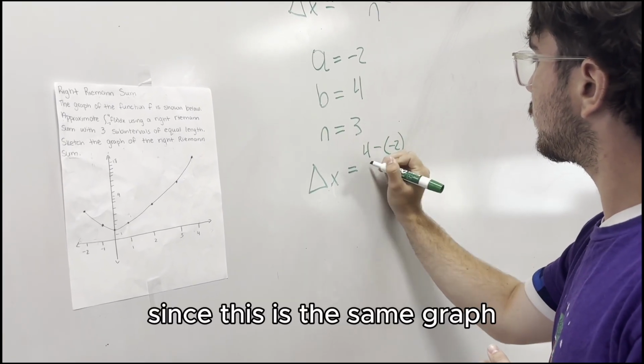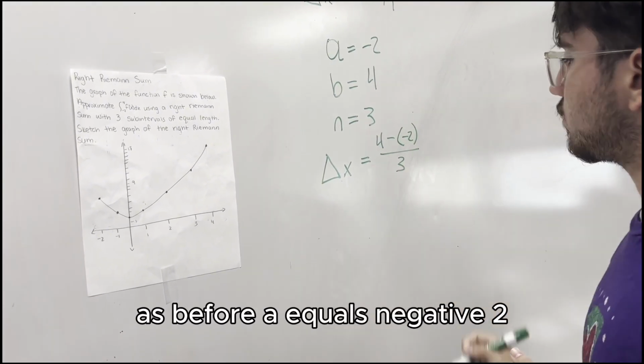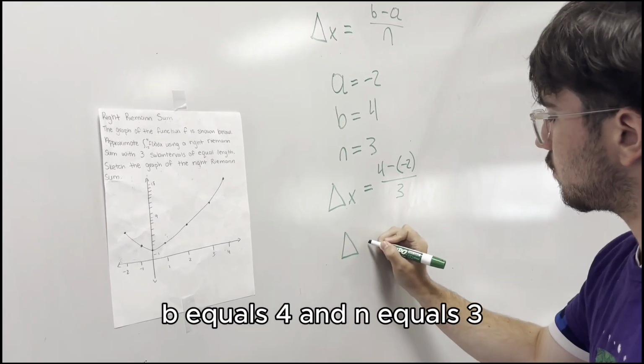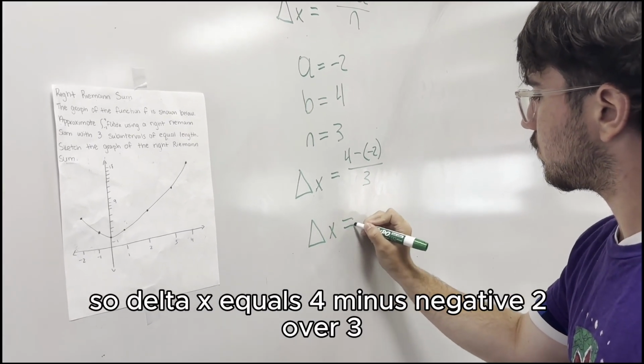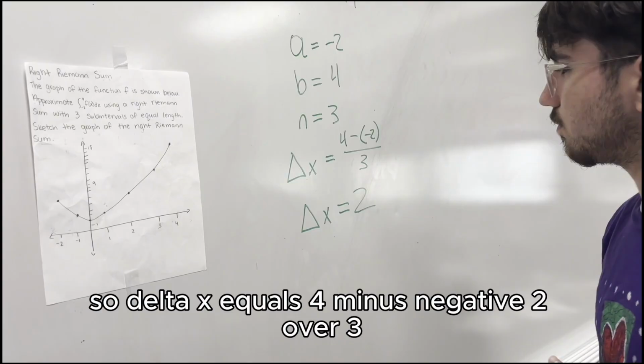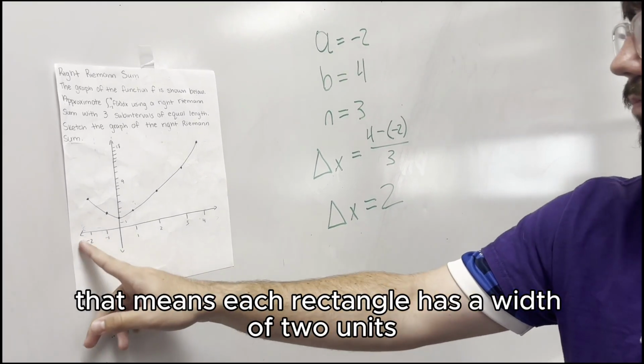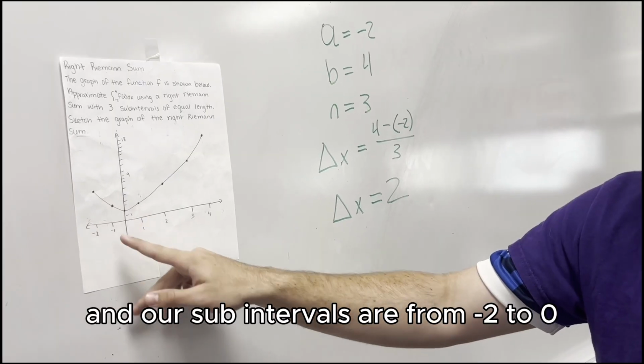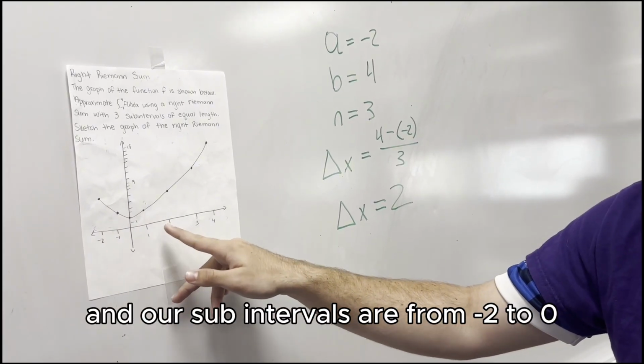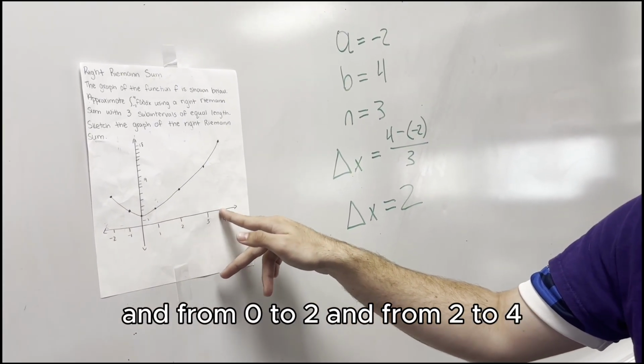Since this is the same graph as before, a equals -2, b equals 4, and n equals 3. So delta x equals (4 minus -2) over 3, which is ultimately equal to 2. That means each rectangle has a width of 2 units, and our subintervals are from -2 to 0, from 0 to 2, and from 2 to 4.